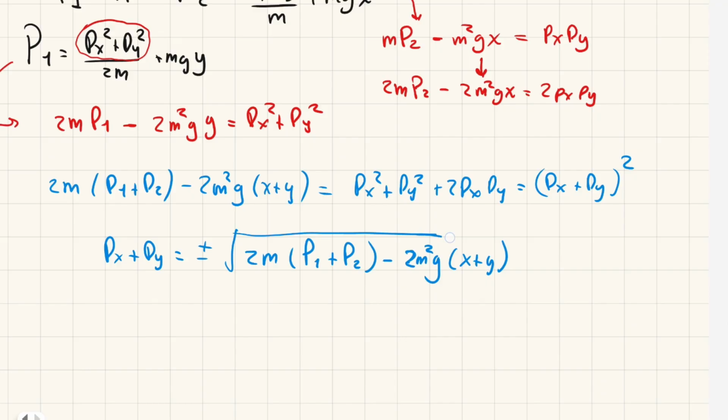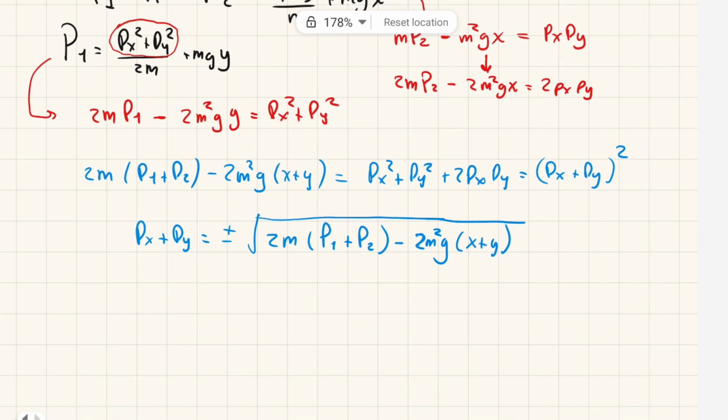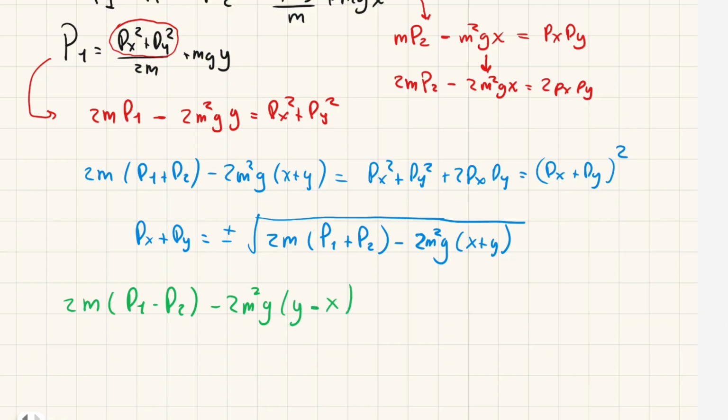Okay, and what happens if we subtract the equations? Well, we are going to get the next. This would be 2m times p1 minus p2 minus 2m squared g, and then y minus x. That is going to be px squared plus py squared minus 2px py.